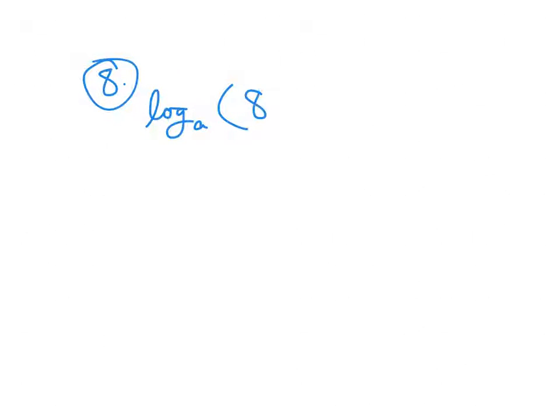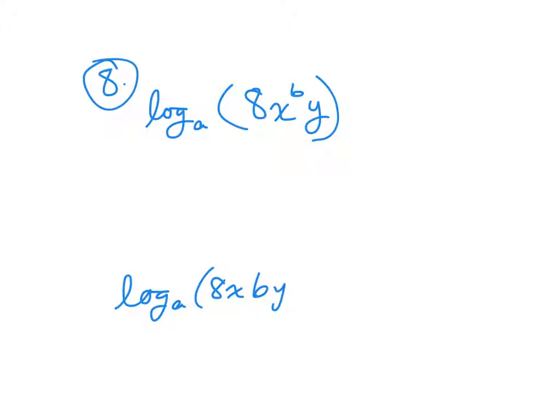What it really says is 8x to the 6th y. Some of you interpreted that as, in fact many of you did, as 8x times 6y. So some of you did the bottom problem. And if you did that, I didn't count it wrong. But many of you did not do the bottom problem correctly.